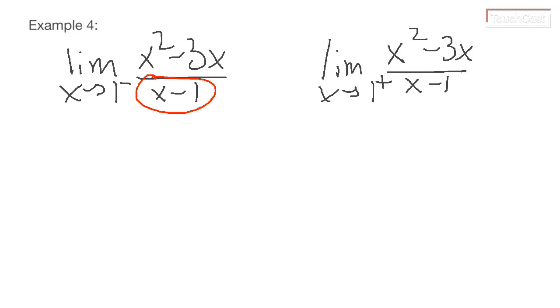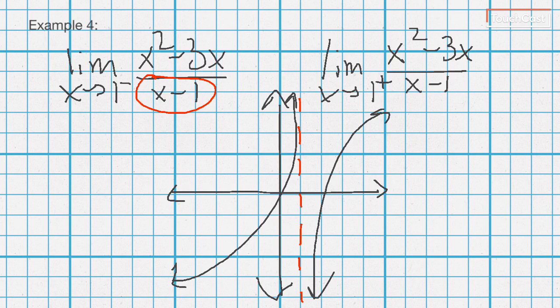So what we're going to do is use a graphing utility to graph this limit and determine our two limits here. So let me pull up some graph paper and give you a rough sketch of what this graph looks like. So this is a really rough sketch of our function x squared minus 3x over x minus 1.